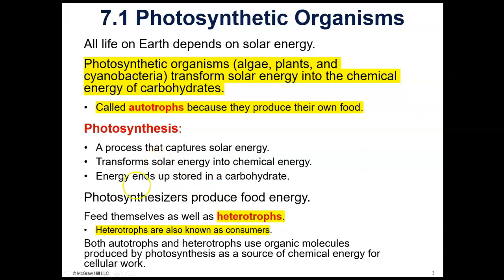And then move down, just to compare and make sure you understand the difference. Organisms that are not autotrophs, that don't produce their own food, are called heterotrophs or consumers. So animals would be heterotrophs, fungi would be heterotrophs. Of course, humans, because we're part of the animal kingdom, we are heterotrophs or consumers.